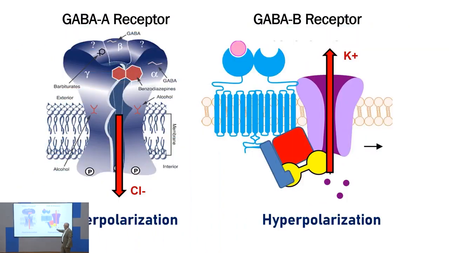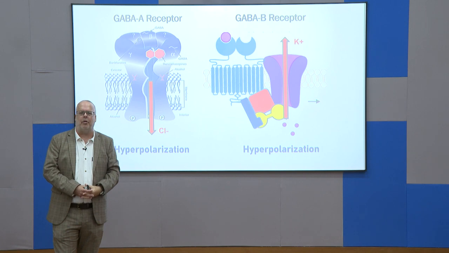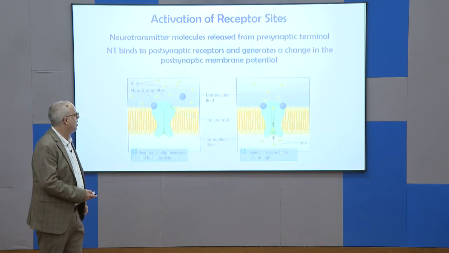Hyperpolarization. Alternatively, GABA B is a metabotropic receptor. GABA binds, it leads to the opening of a channel which allows for the efflux of potassium. Potassium flows out, it takes its positive charge, and the net effect is the same. The inside of that postsynaptic terminal becomes more negative.